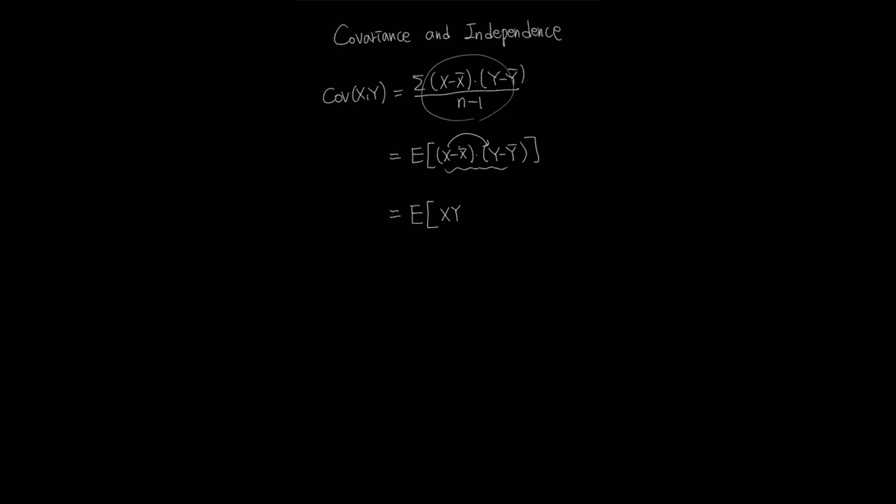So x times y, minus x times y bar, minus x bar times y, plus x bar and y bar. In the first two videos of this channel, we dealt with the concept of the linearity of expectation, and we learned that it works in any condition.